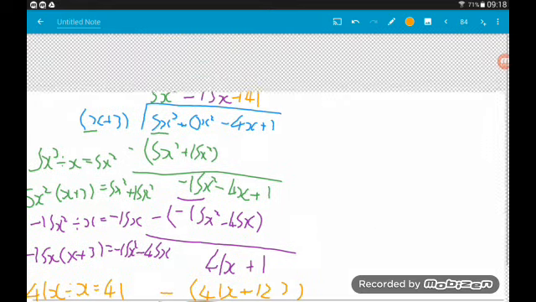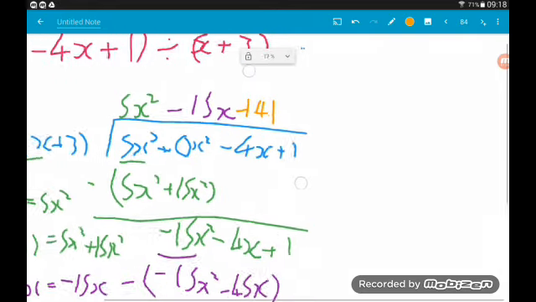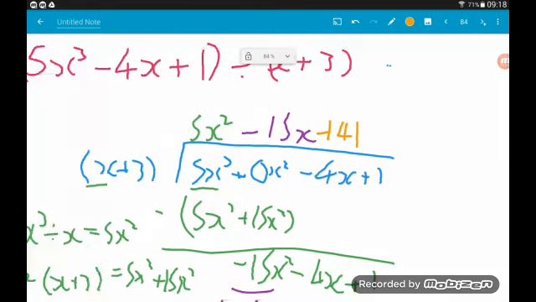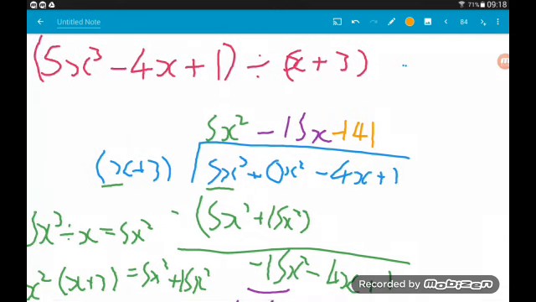So we can write the cubic divided by, so 5x cubed minus 4x plus 1 divided by x plus 3.